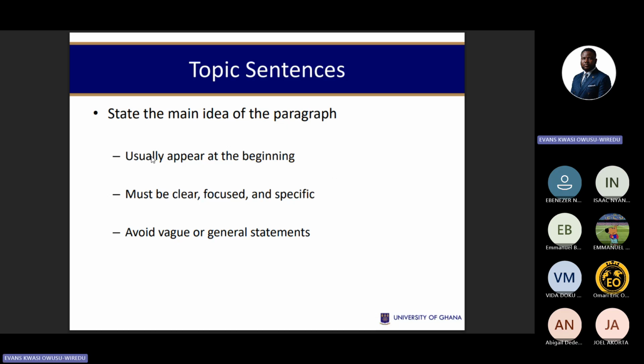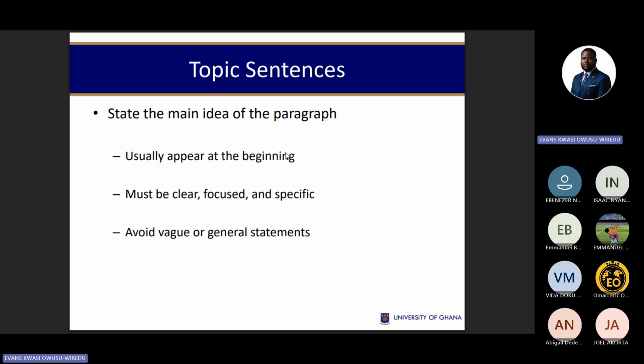So your aim is to do what I told you in the beginning of this session, session 4: look for the main topic that is being talked about in that paragraph, and that will be your topic sentence. Don't necessarily look for the first statement, but since it usually appears at the beginning of the paragraph, this is what you may be looking at.